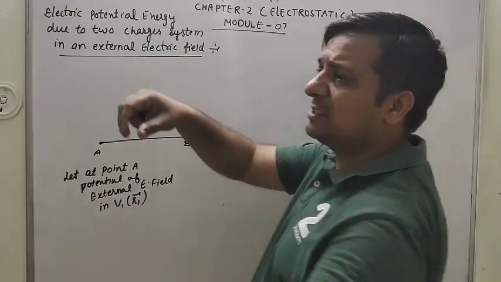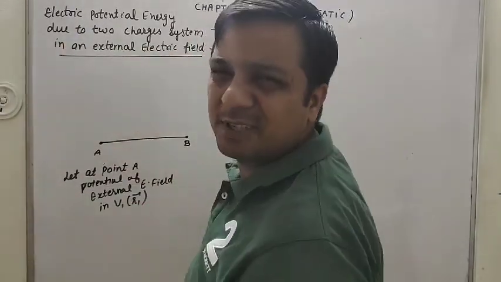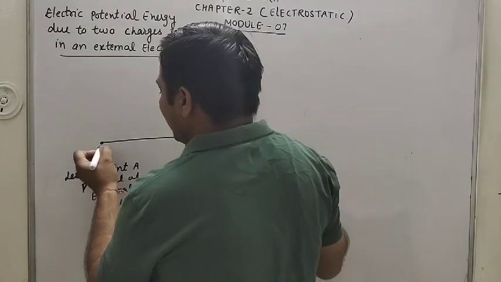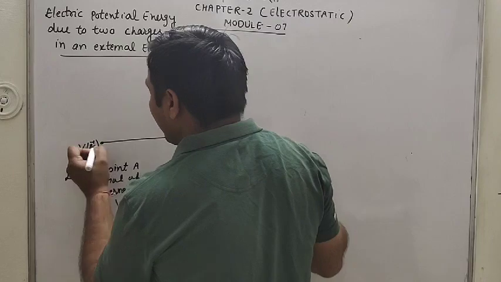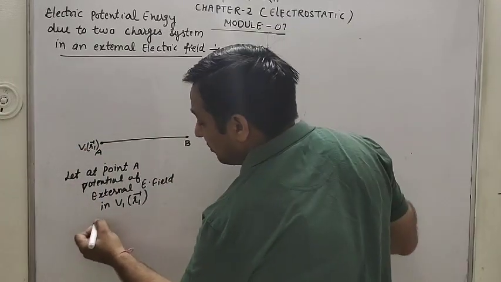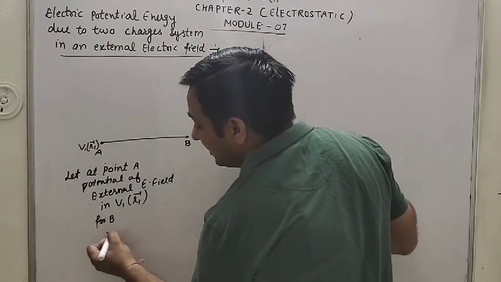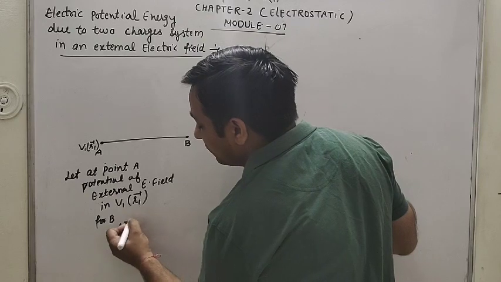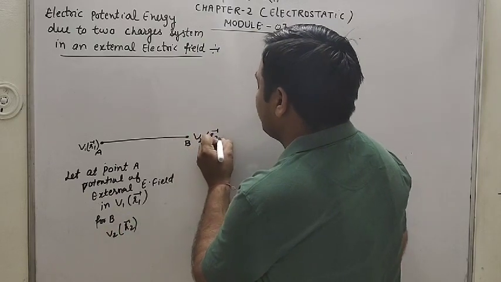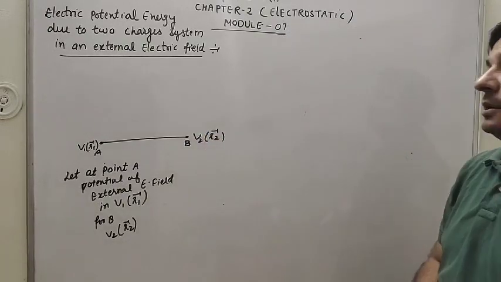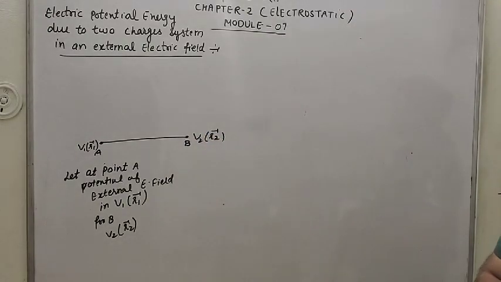Suppose that charge exists here. This is the position vector. So this is V1(r1), and similarly for B, that is V2(r2). This is due to a single charge.